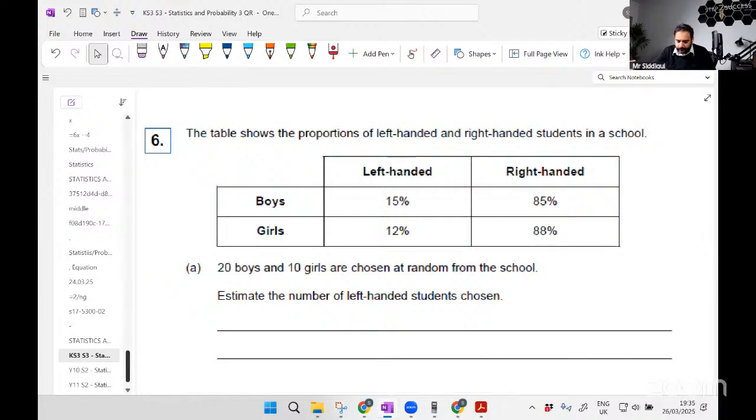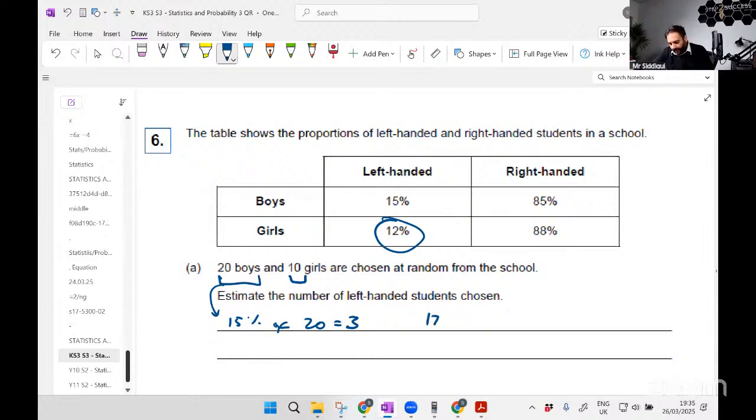Well, of the 20 boys, you would expect 15% of them to be left-handed. So you work out 15% of 20, which is 3. And then of the 10 girls, you would expect 12% to be left-handed.